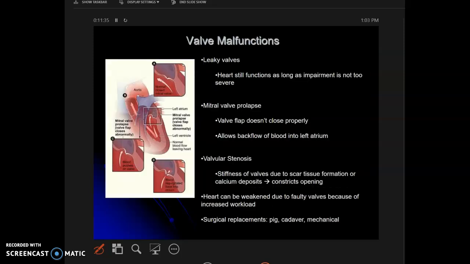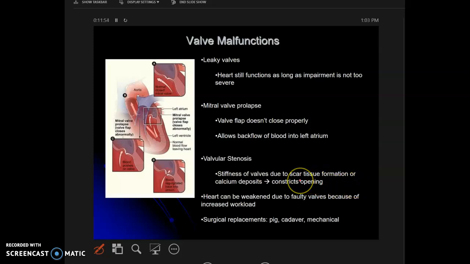Valve malfunction, leaky valves. This has to be fixed. Mitral valve prolapse is when the valves don't close properly. And then there's valvular stenosis, the stiffness of the valves with age.